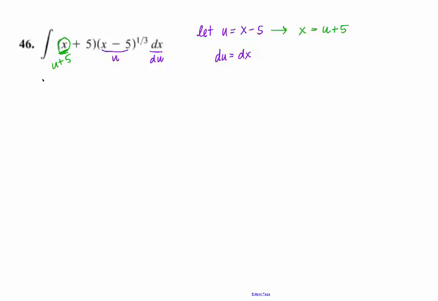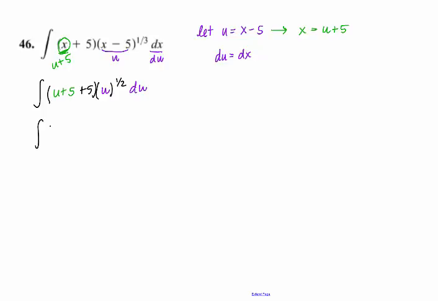That transforms the indefinite integral to be u plus 5 plus another 5, right? That 5 was from the integrand, times u, plain old regular, boring, straightforward u right there, to the 1/3. And dx is a simple exchange for du. So let's clean it up.